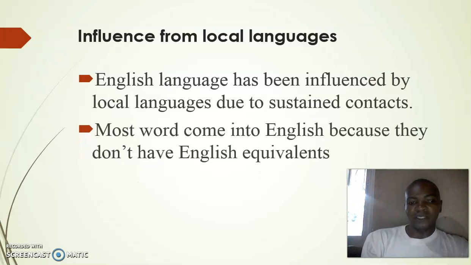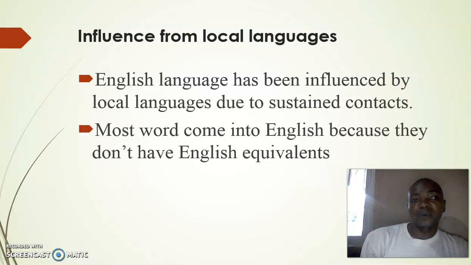Most words come into English because they don't have English equivalents. So, for example, if I say Furawa, I am talking about Furawa, a place in Cameroon, in Menchum. There is no translation of Furawa anywhere, so it has to be that way.